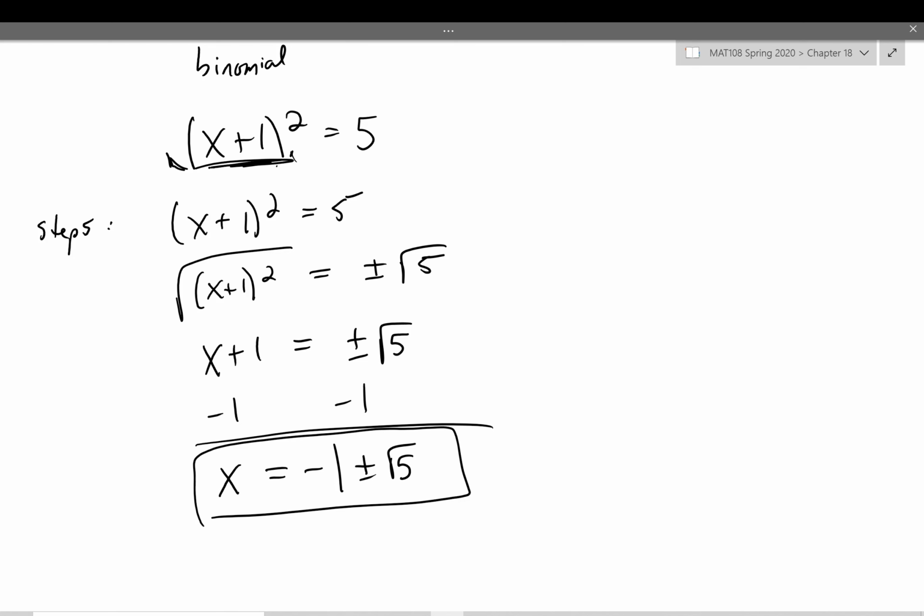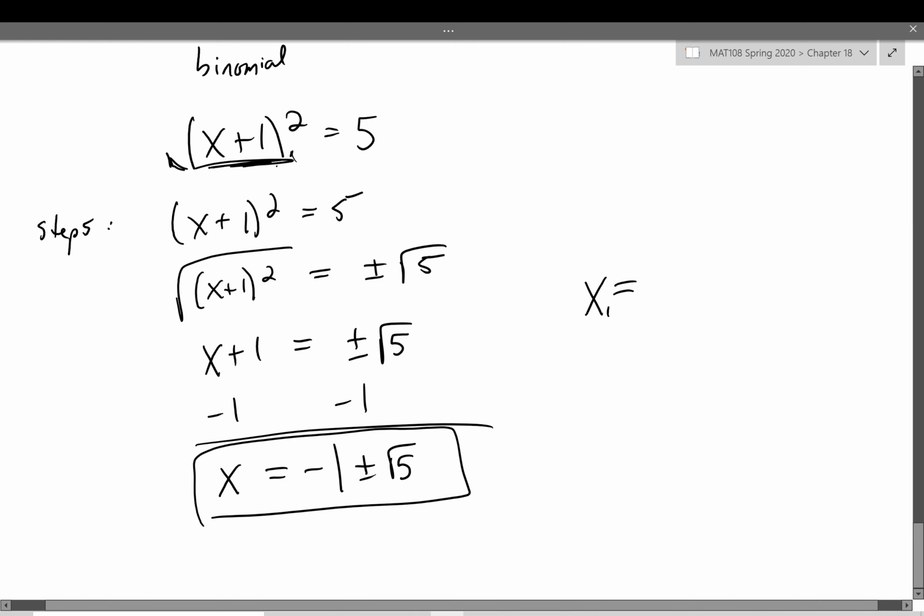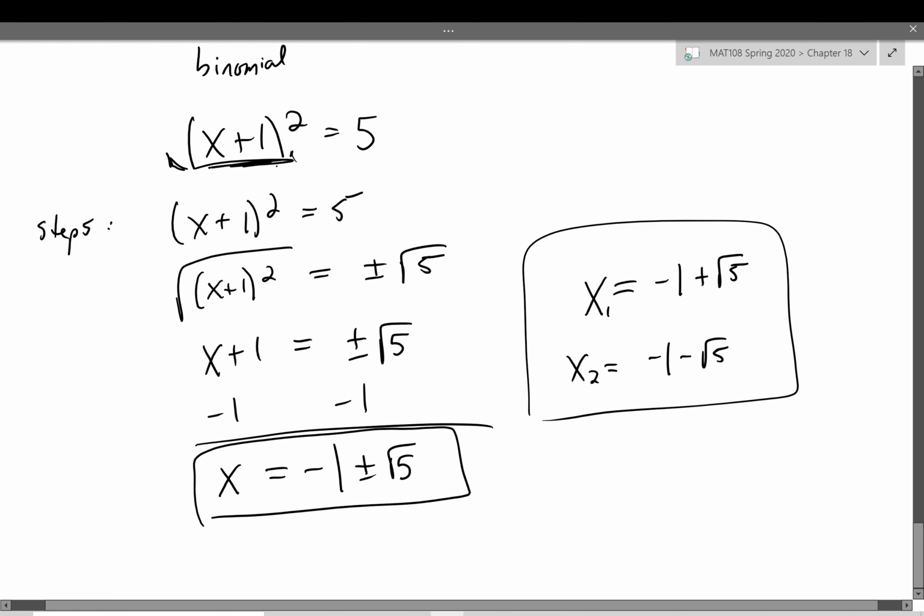I mean, you have two solutions here. The first one is -1 plus the square root of 5. And then the second one is -1 minus the square root of 5. Okay? They're both ugly numbers. In fact, if I wanted to, I'll give you the decimal approximations for these. So just give me a second here.